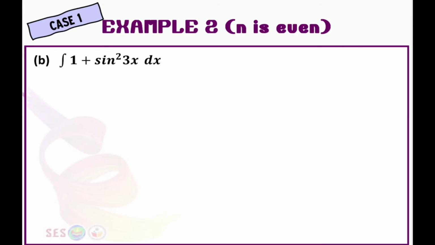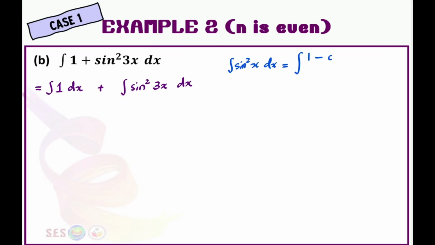I will split this integration into two parts so that you can see my steps even clearer. Integrating 1 is easy, but for integrating sine squared, we need to apply the formula. As we remember, integrate sine squared x dx is the same as integrate 1 minus cos 2x over 2 dx. We need to modify the formula.